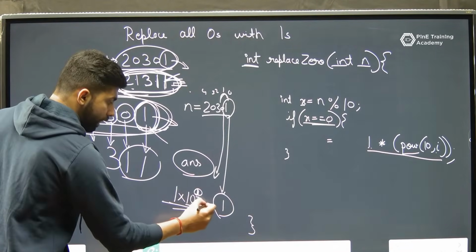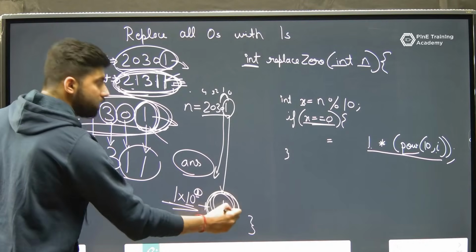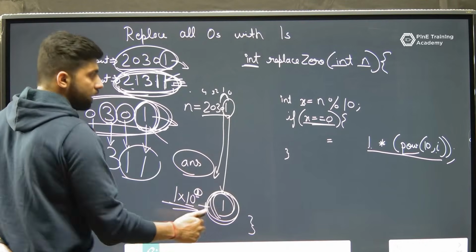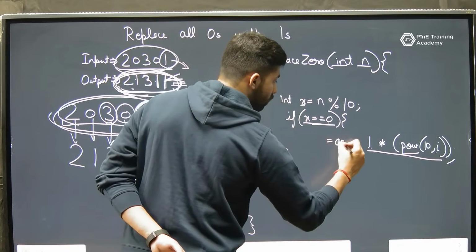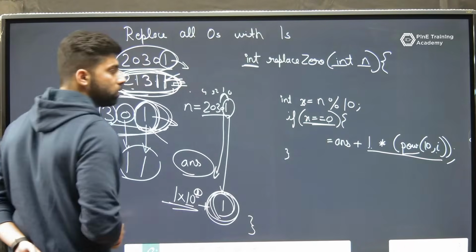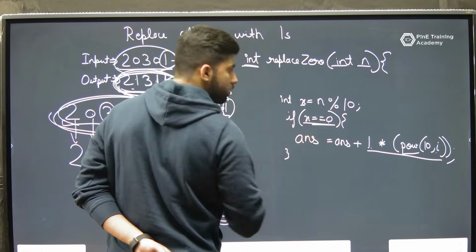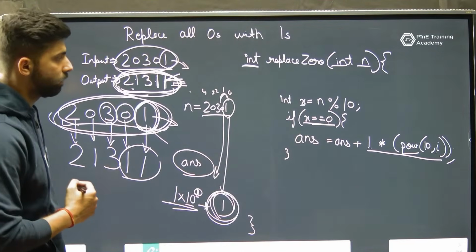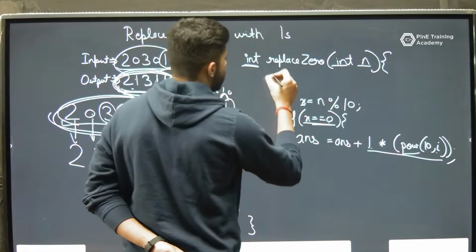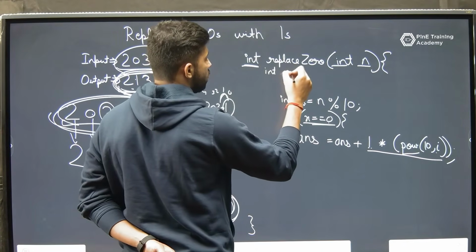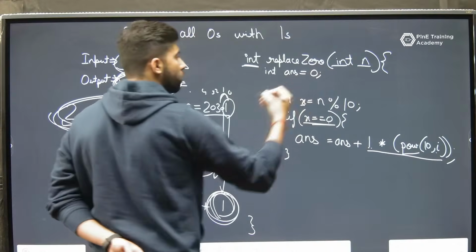But then we need to add it to our previous answer as well, the previous digit. So this is what we will write. Okay, we will initialize our answer with 0.